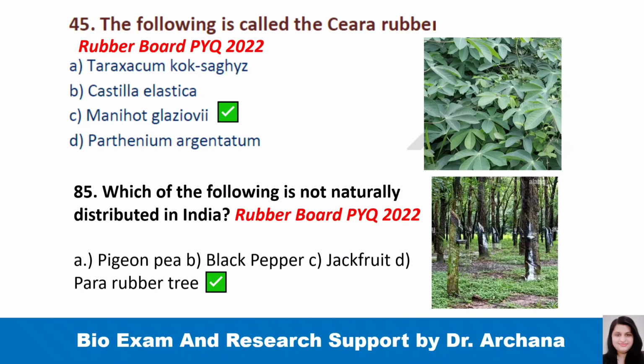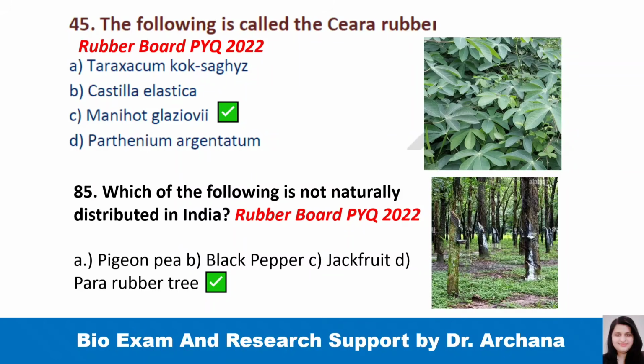The first question from 2022 was, the following is called the Ceara rubber. Here you have to memorize Manihot glaziovii, which is the scientific name of Ceara rubber; it is a native of Brazil, and it is used as an alternative source of natural rubber.